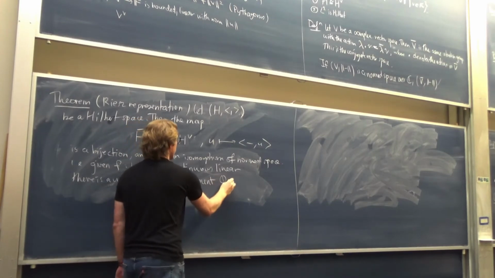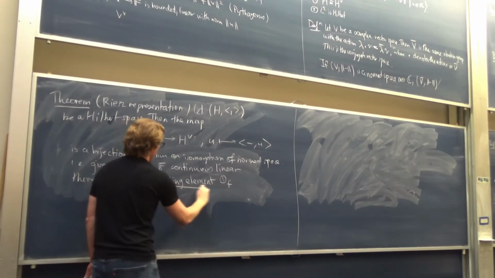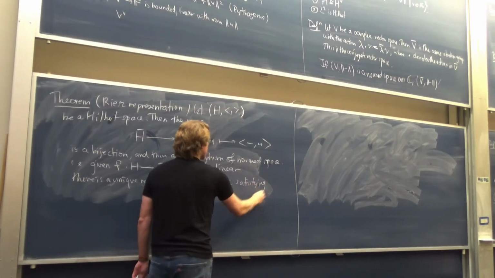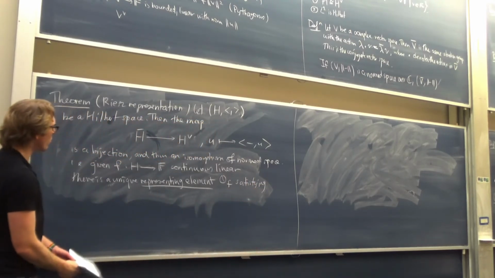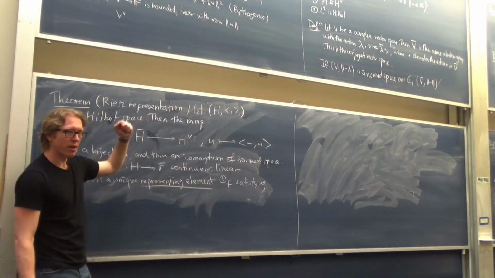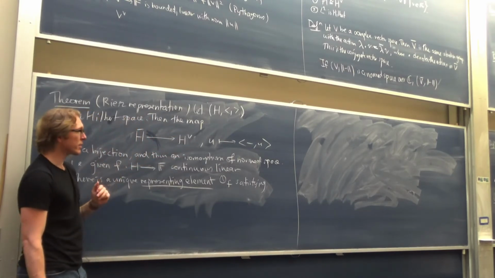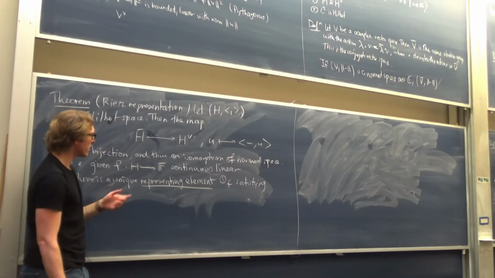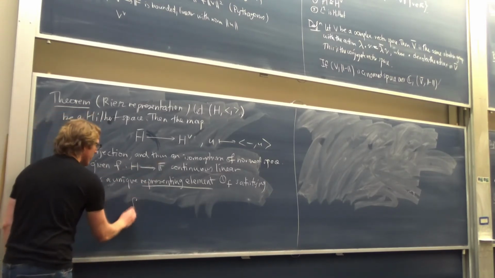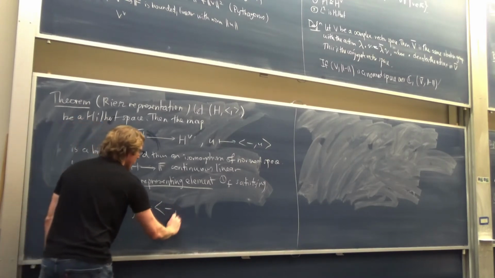Let's call it theta f. So what do I mean by a representing element? Well, we already know one way of getting continuous linear functionals out of H, which is pairing with something. And I'm claiming that's the only way to get continuous linear functionals out of H, so that if you give me any other one, there's something which has the property that the function f is just pairing with that thing.